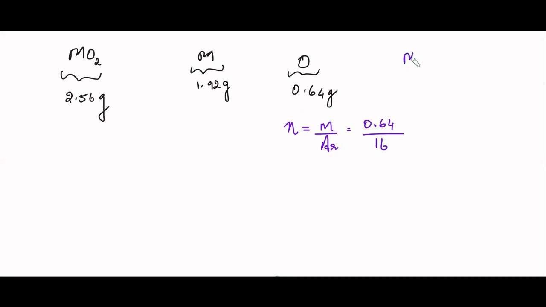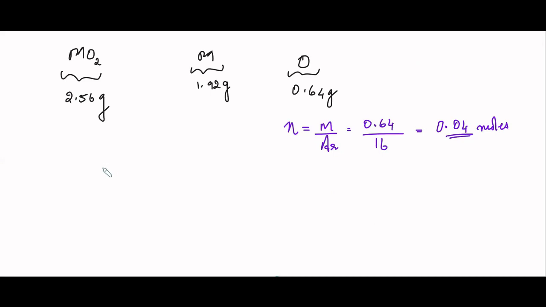So you can imagine that it's something like this: there's a metal at the center, oxygen on either side. It's not an O2 molecule. It's metal bonded to oxygen. So you cannot use 32 here. You have to go with 16, which is the atomic mass. So this will be equal to 0.04 moles.